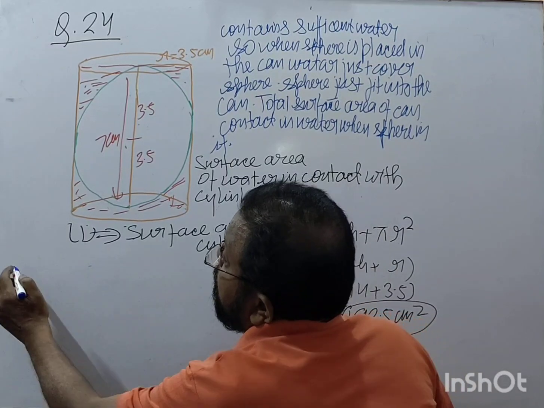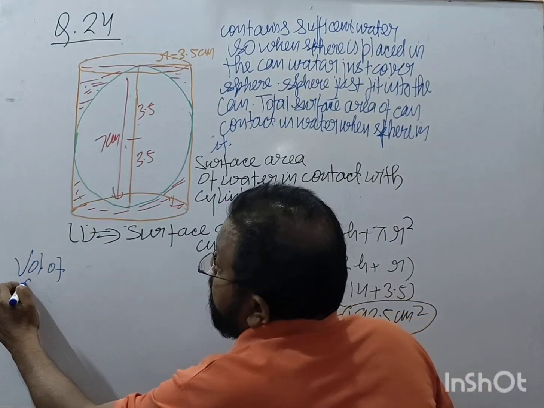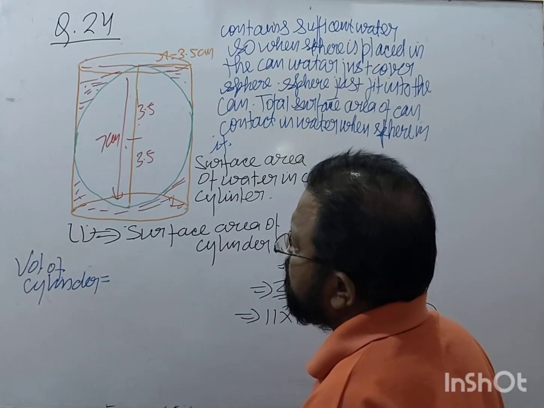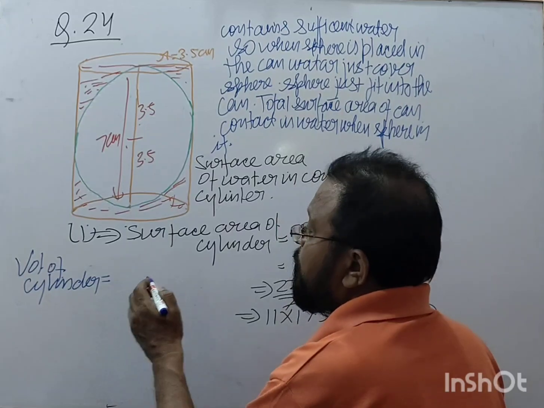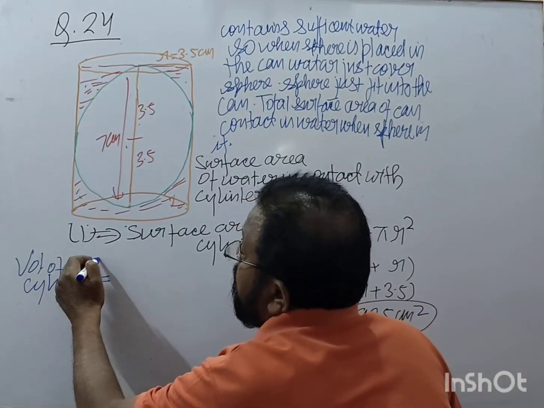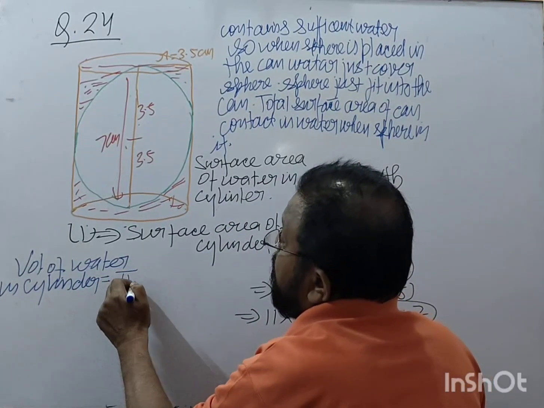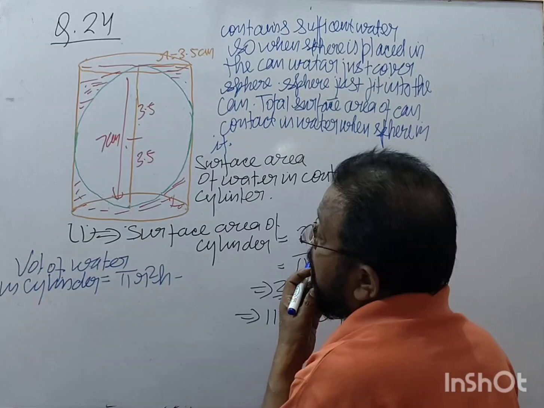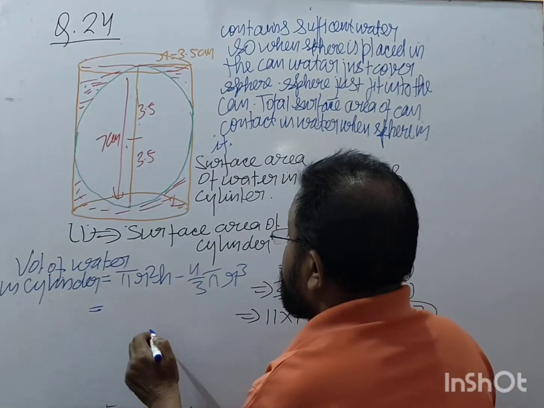The depth of the water in the can before the sphere was put into the can. Volume of cylinder. Volume of water in cylinder is equal to pi r square h minus 4 by 3 pi r cube. Is it?